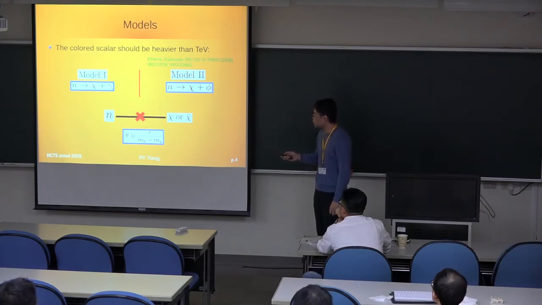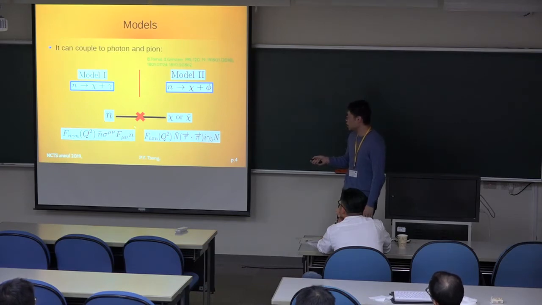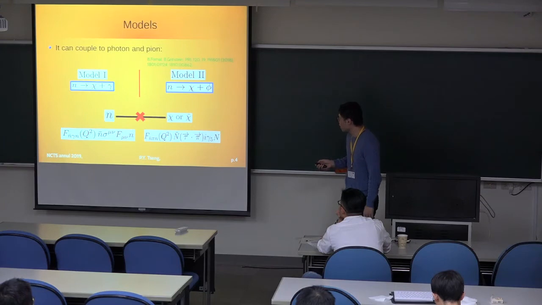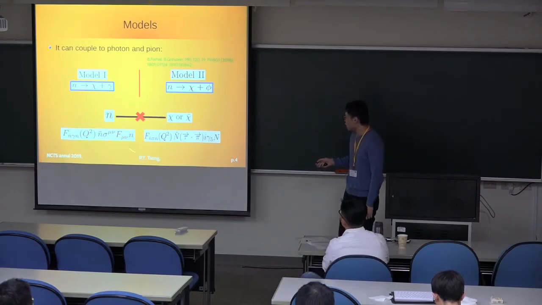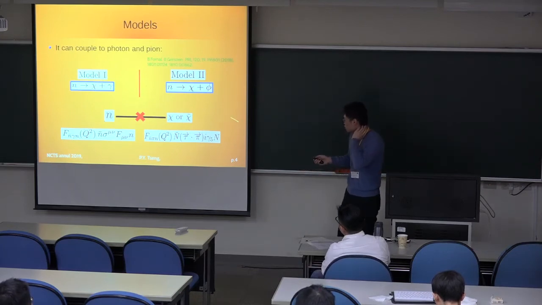The photon can be emitted from this process through the neutron magnetic interaction. On the other hand, the neutron also couples to the pion through this interaction, but the pion is too heavy to be produced from the neutron decay.